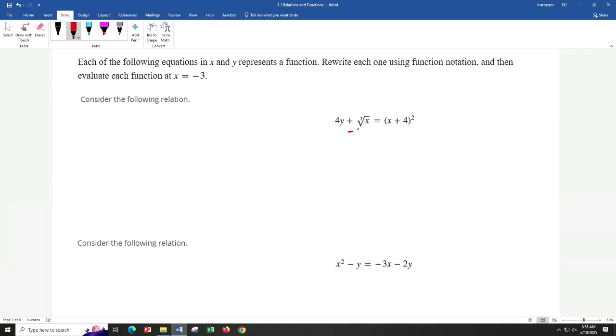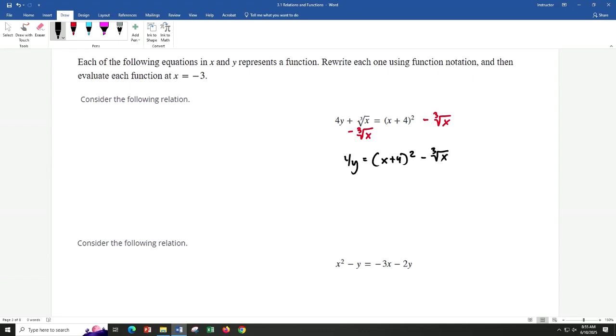Let's subtract that cube root of x off both sides. Now we're left with 4y is equal to (x plus 4) squared minus the cube root of x.